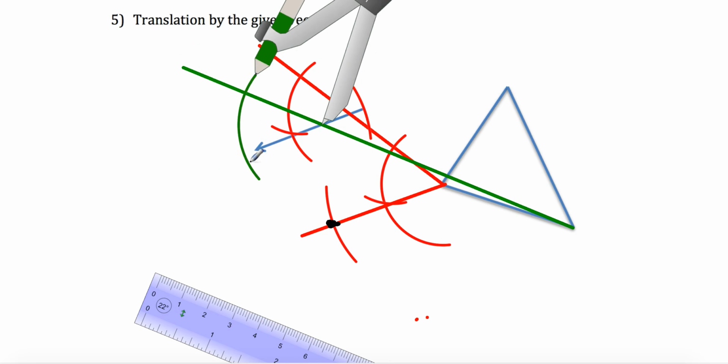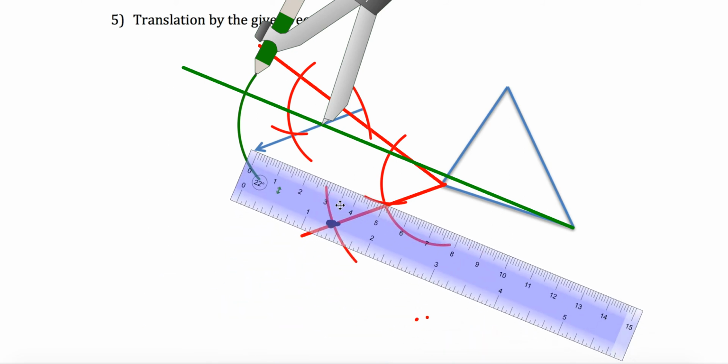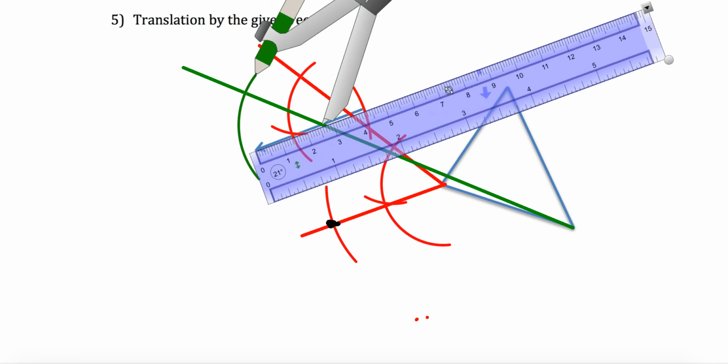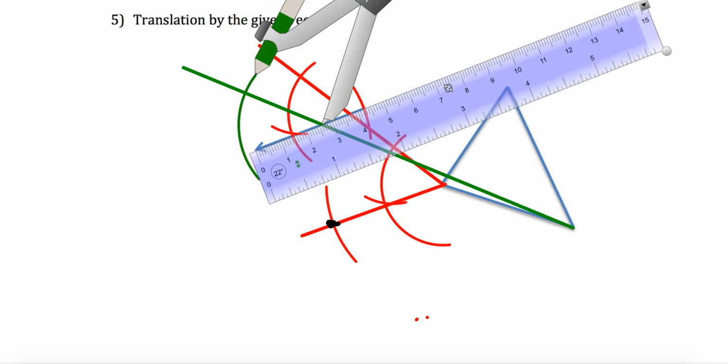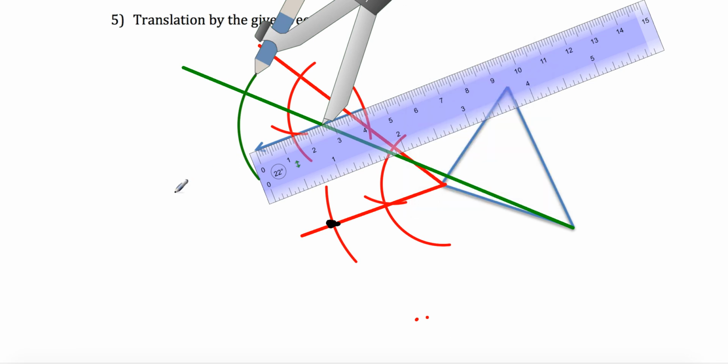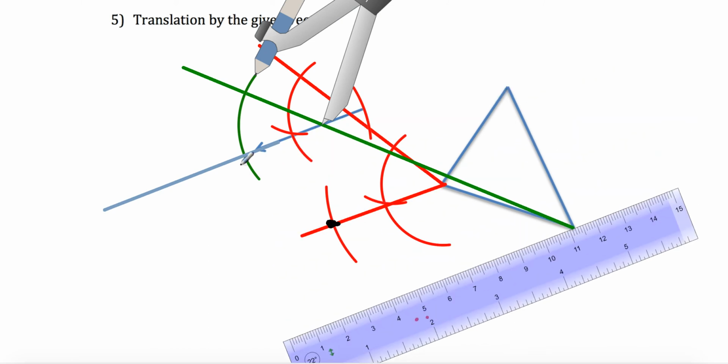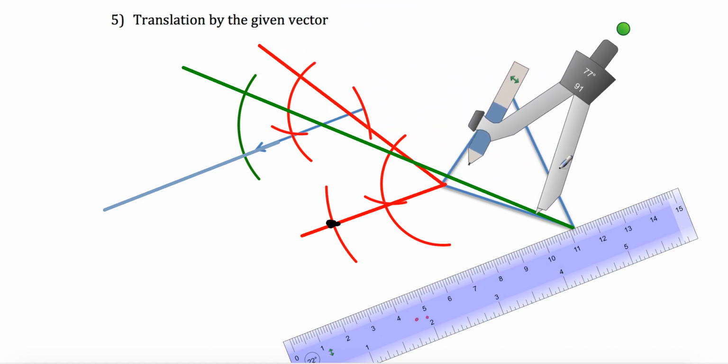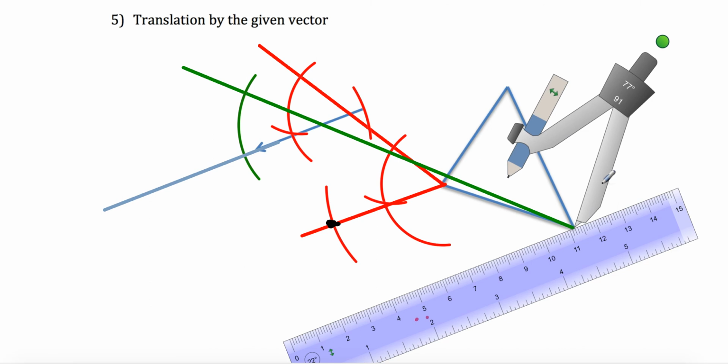Now notice that this doesn't touch this one, so what I'm going to do is make the vector a little bit longer. Okay, so I extended it so I can find the spread and arc quite nicely.